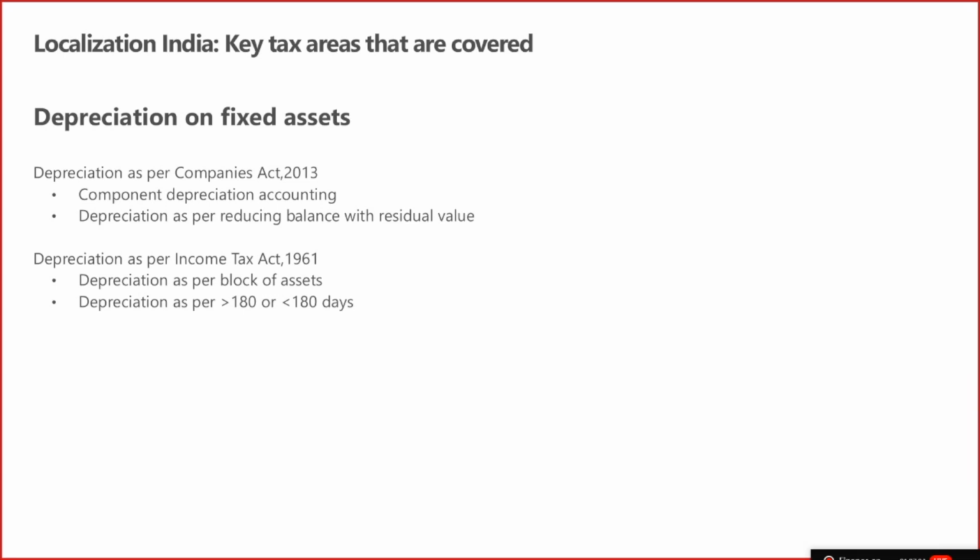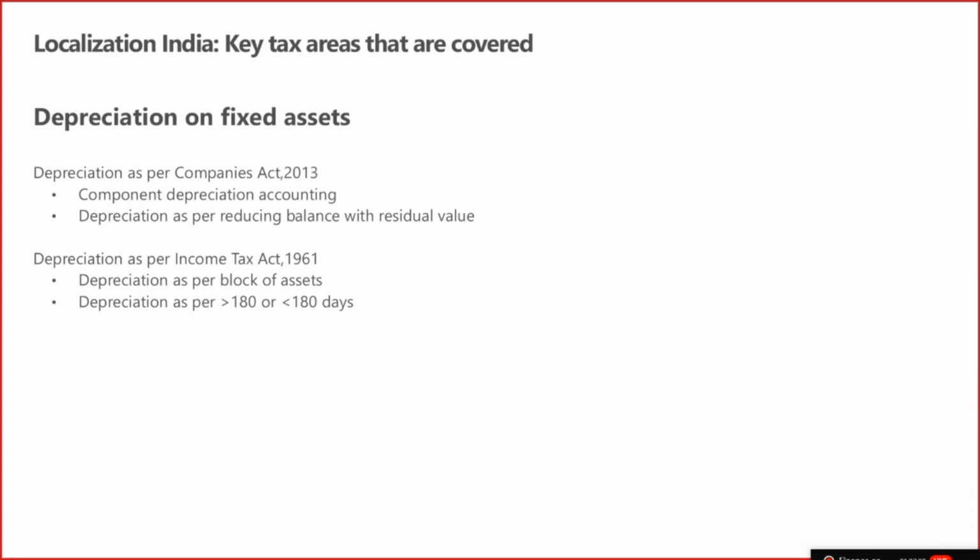Depreciation as per the Income Tax Act is calculated on a block of assets, and the important thing is the depreciation rate. If the asset is put to use for less than 180 days, the depreciation will be half of the normal defined rate. And there is group depreciation, and then there is a need to generate a depreciation report as well.